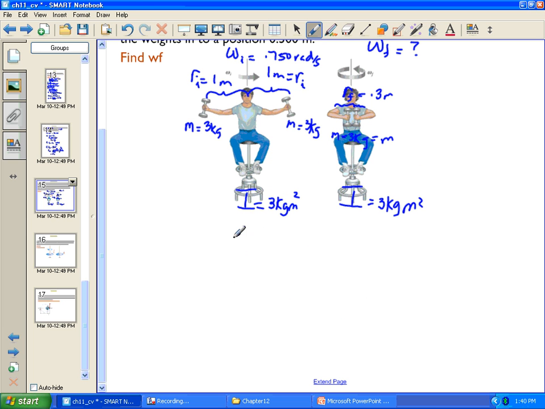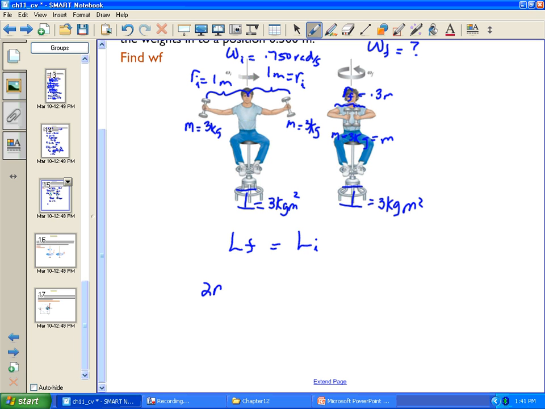Well, conservation of angular momentum will help us work it out. When he brings his arms in, we have each mass now at 0.3 meters from the axis of rotation.